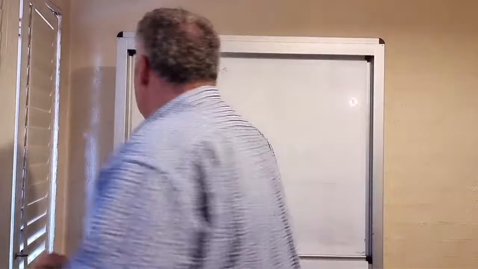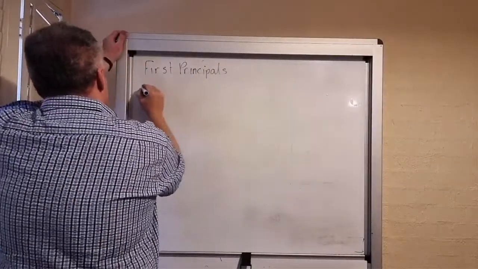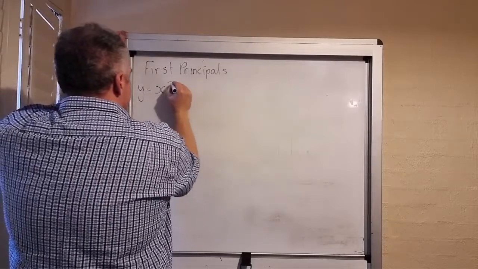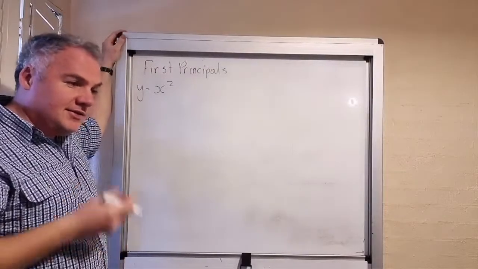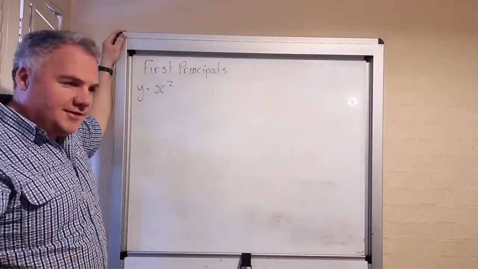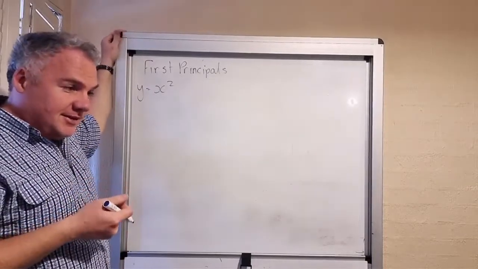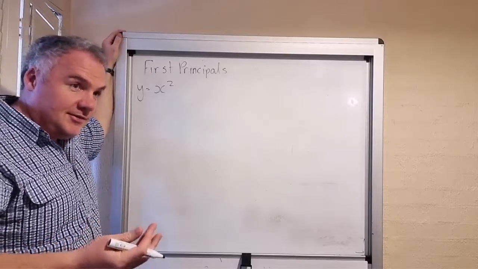Okay, so if you have the function y equals x squared, and I'm starting off with this function because this is probably the first function that you've seen and you'd be most familiar with as an introduction to the curvy functions.